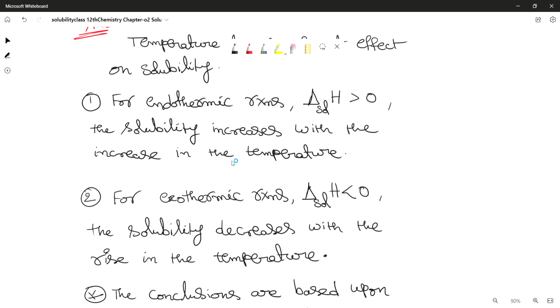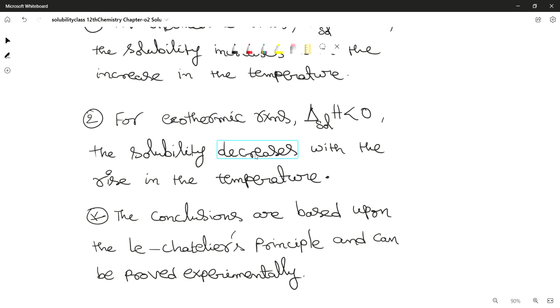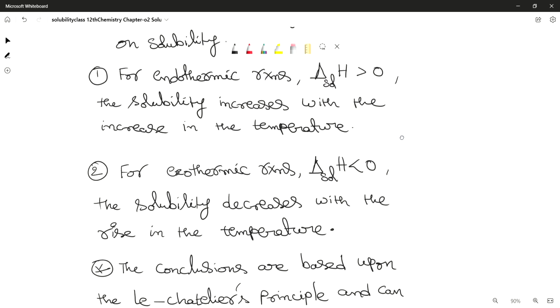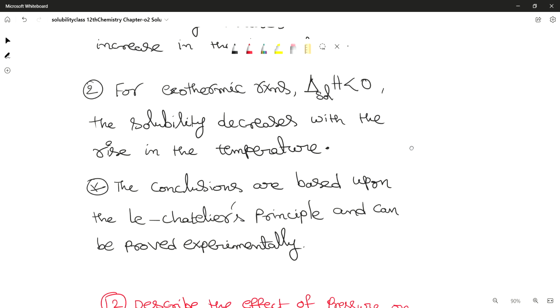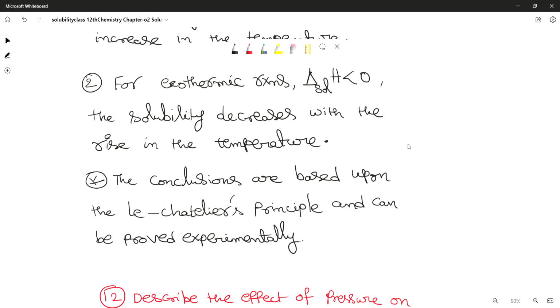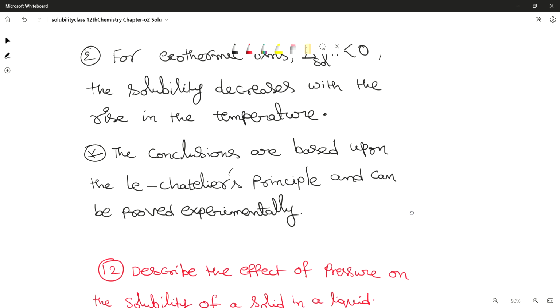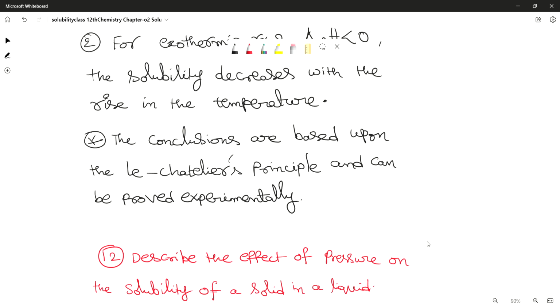For exothermic changes, where dissolution releases heat, delta H solution is less than 0, and the solubility decreases with the rise in temperature. The conclusions are based on the Le Chatelier principle and can be proved experimentally.